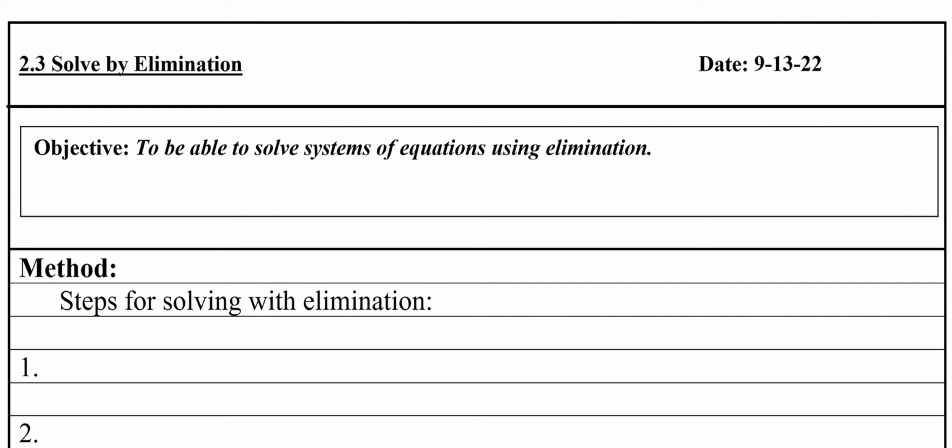Okay, so just like we talked about yesterday, we're going to have some steps that we're going to use for this method here. So with elimination, we have 4 different steps that we really want to pay attention to.